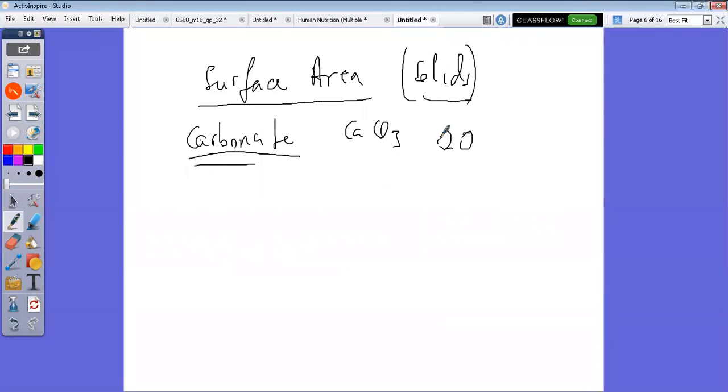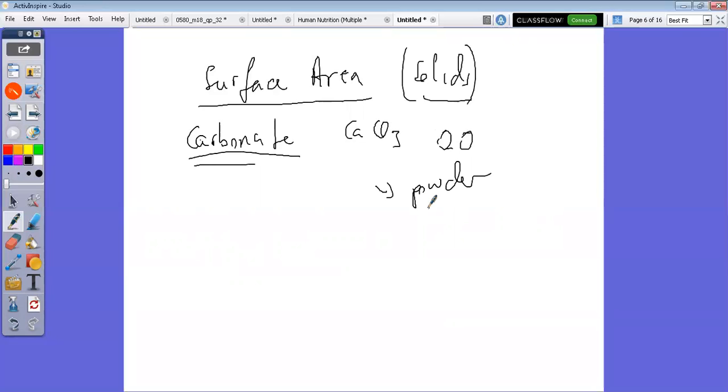And you can also crush this to a fine powder. Is that true? So how does surface area affect the reaction in general? What does increasing the surface area of a solid do?